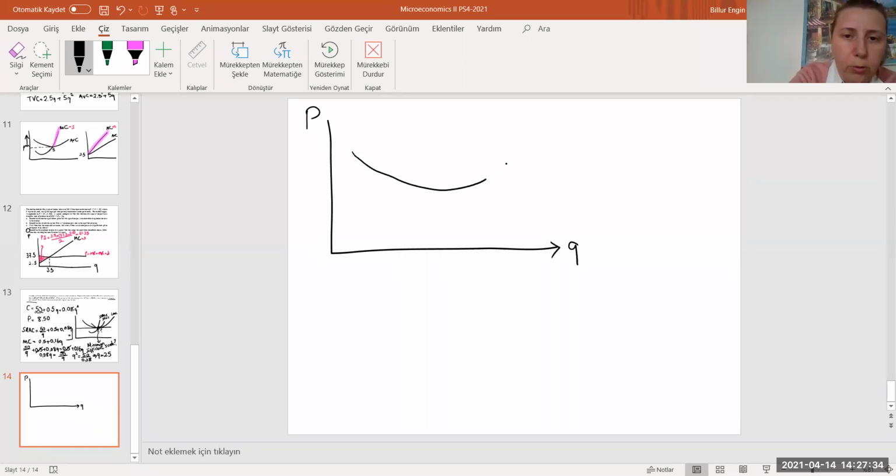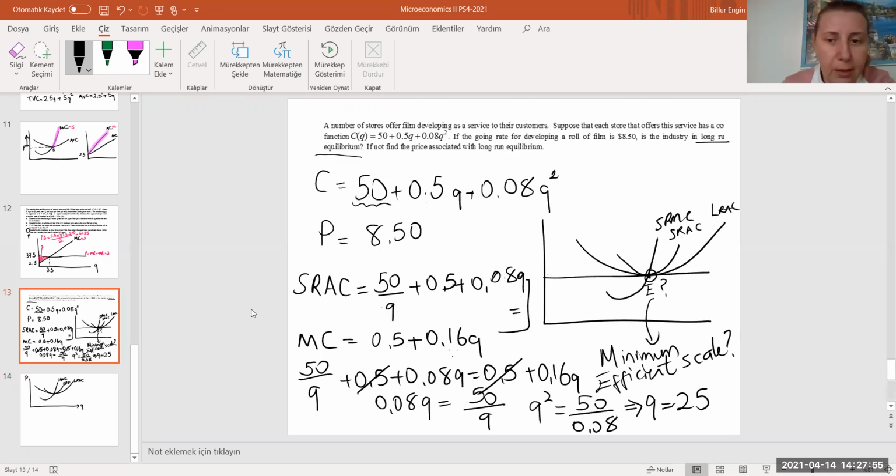Now, we found that this is the long run average cost function. This is the short run average cost function. We found that at this minimum point, of course, we have the short run marginal cost here. By the way, okay, yanlış çizdik tabii. Bu genel bir çizimdi.